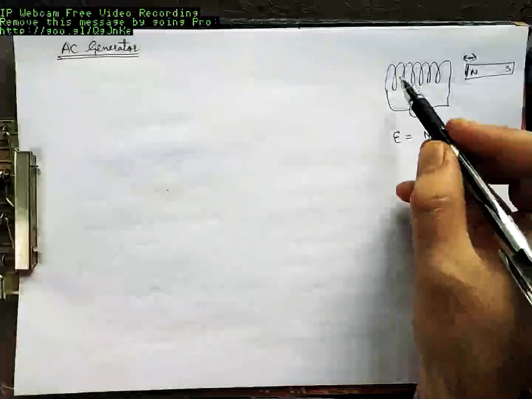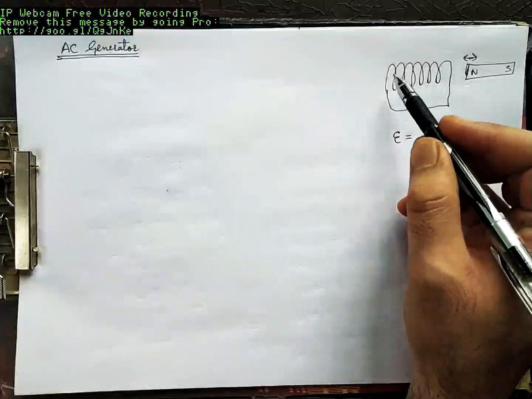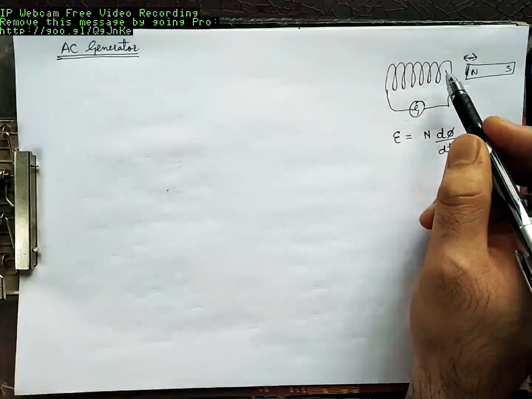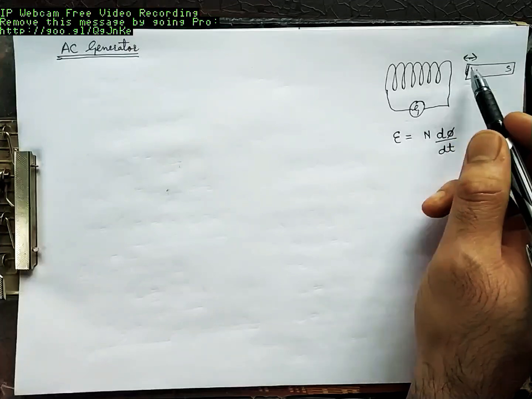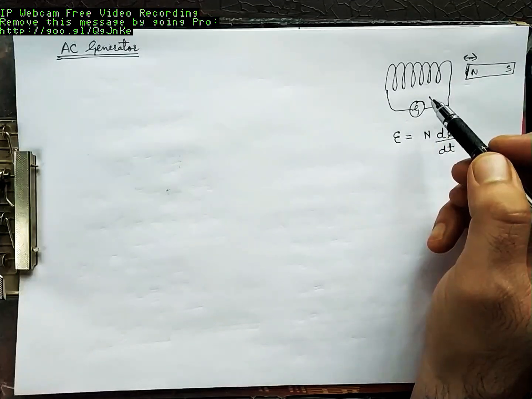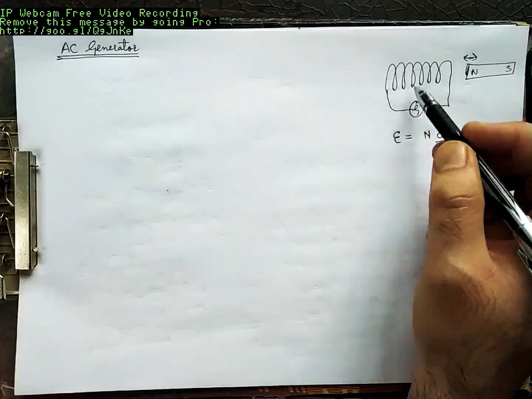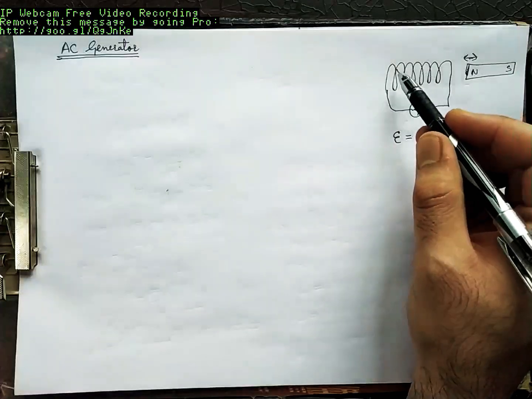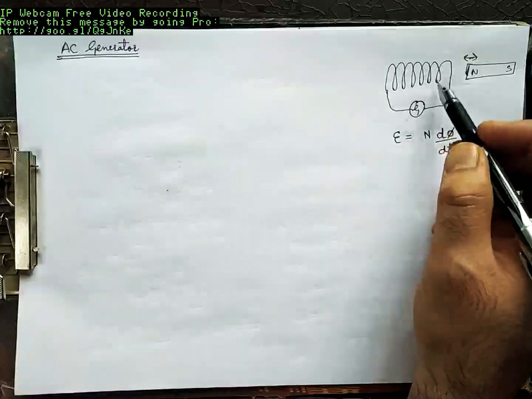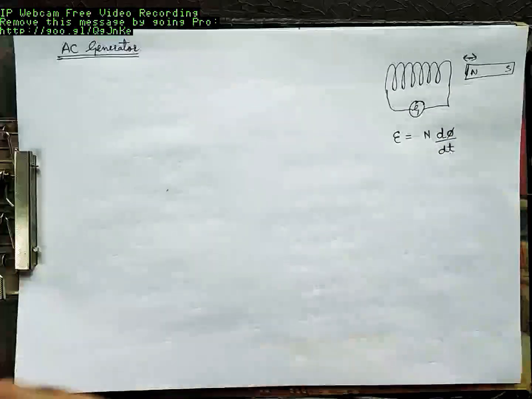EMF will be induced in this and subsequently current will flow through this coil depending upon the rate of change of flux. It does not depend upon whether flux is passing through this or not. It depends upon the change in flux linking this coil, so d phi by dt.